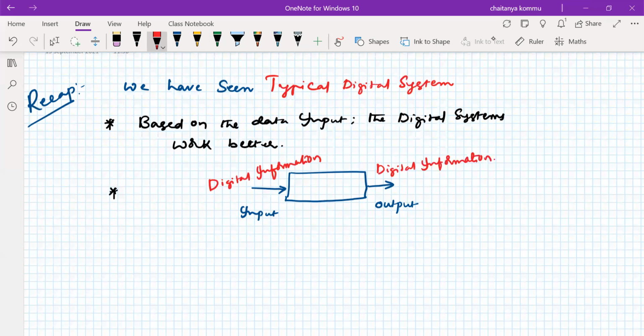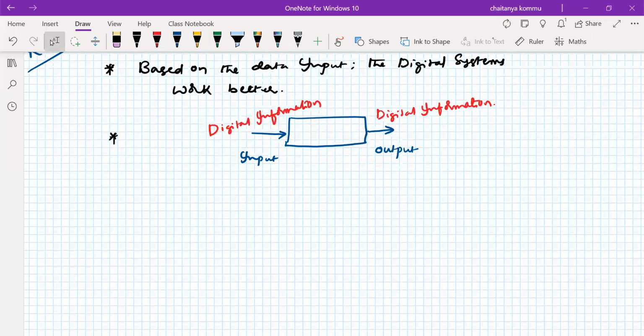So what is the advantage of taking the information as digital information? For example, suppose the information is in the form of an electrical signal, electrical voltages. It is the electrical voltages that we treat as information. We take this information as logical information, not in terms of physical voltages.